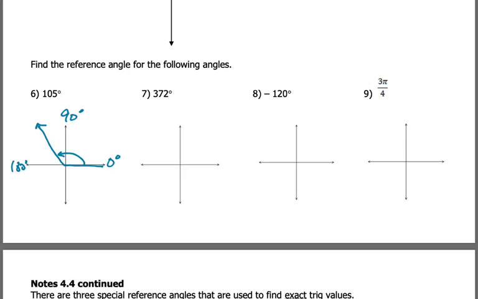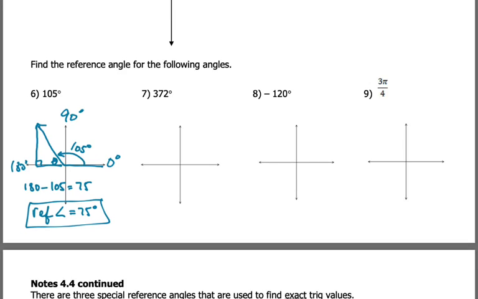Okay, remember we said the reference angle has to be formed by the closest x-axis, which is this one right here. So this is where my reference angle is going to be. That's my theta. And so we've got to figure out what that actual measure is. So that is 180 degrees minus that 105 degrees, which gives me 75. So my reference angle for 105 degrees that I'm going to be using is 75 degrees.